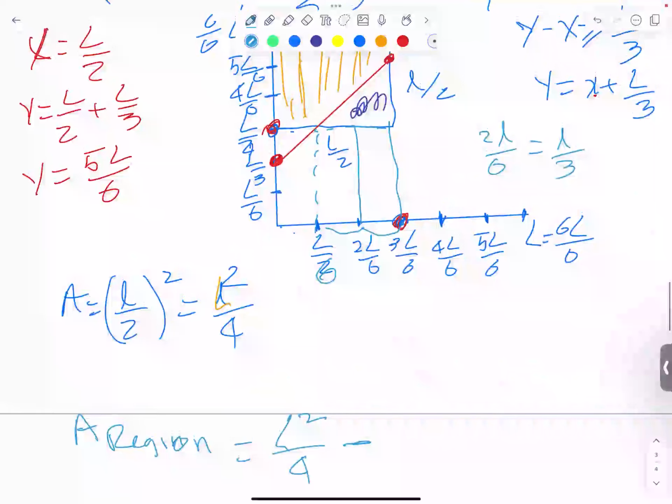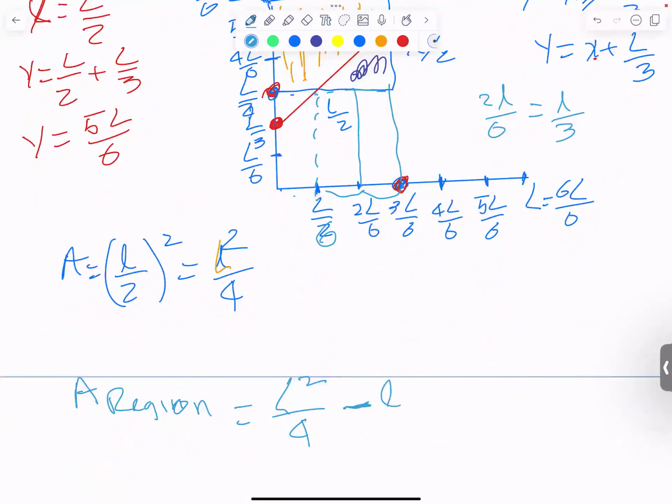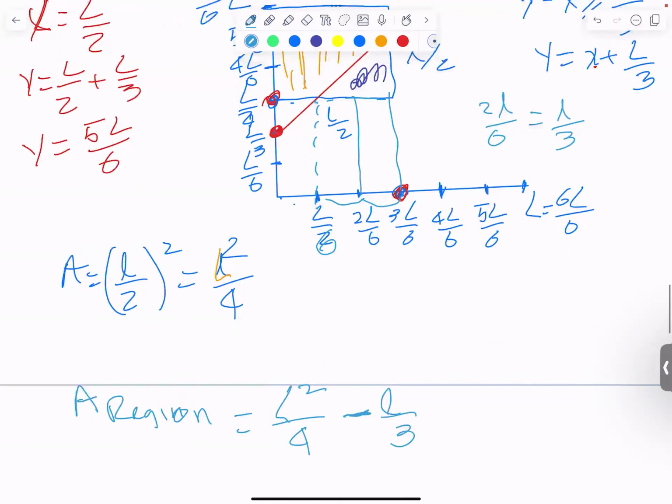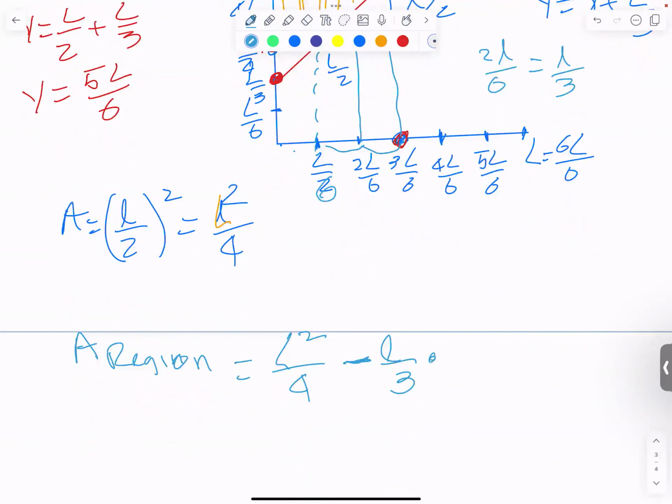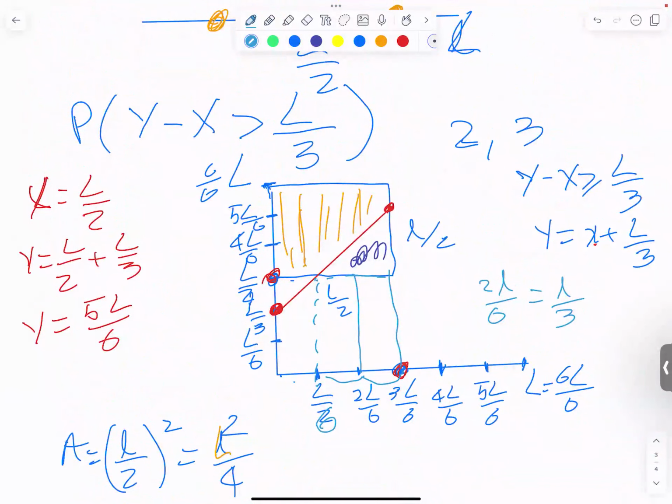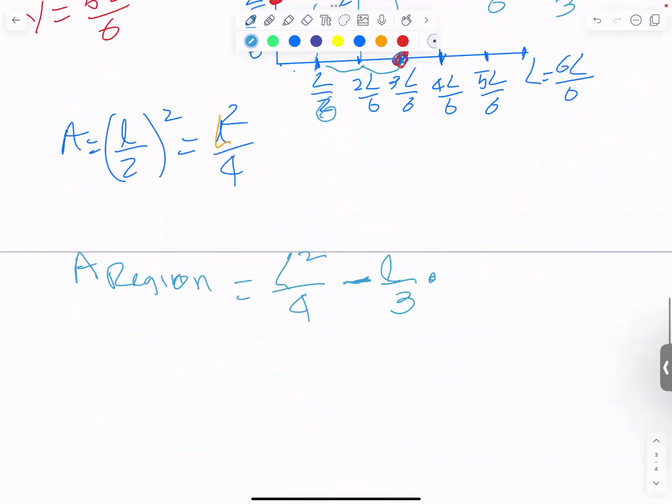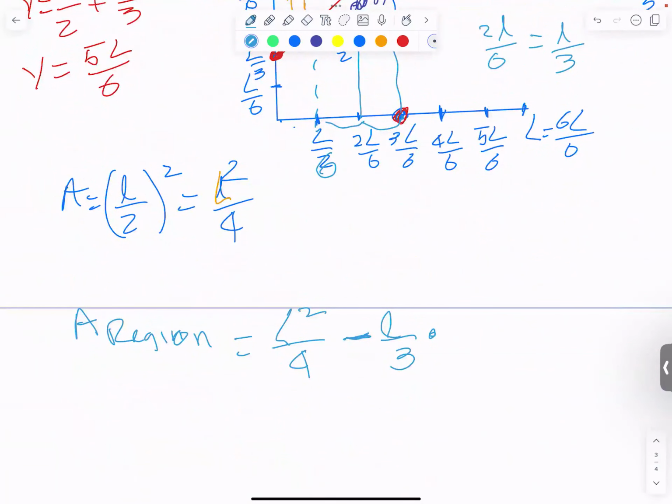The base is going to be L over 3, and the height is going to be L over 6 plus another L over 6 before reaching the other half, which is 2L over 6, L over 3. So we have L over 3 times L over 3, divided by 2, because this is the base, this is the height, and divided by 2.